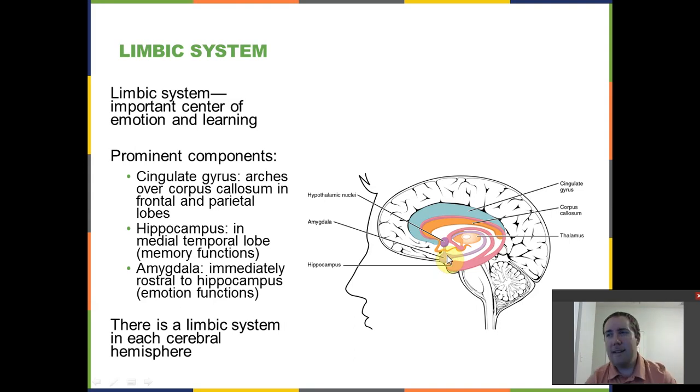In this class, you are not going to have to find the hippocampus, the amygdala, or the cingulate gyrus on a diagram. But I expect you to know that those three things are parts of the limbic system, that the limbic system is in control of emotion and learning, and that these structures are in each side of the brain.